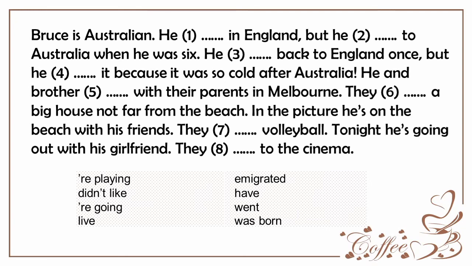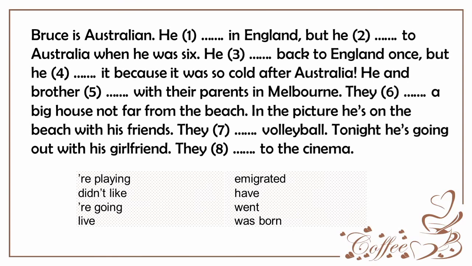They 6. a big house not far from the beach. In the picture he's on the beach with his friends. They 7. volleyball. Tonight he's going out with his girlfriend. They 8. to the cinema. Now, please pause the video to answer the questions.